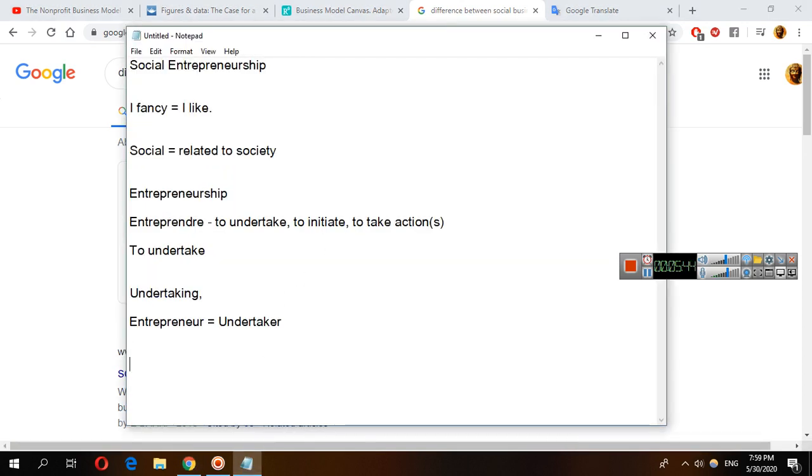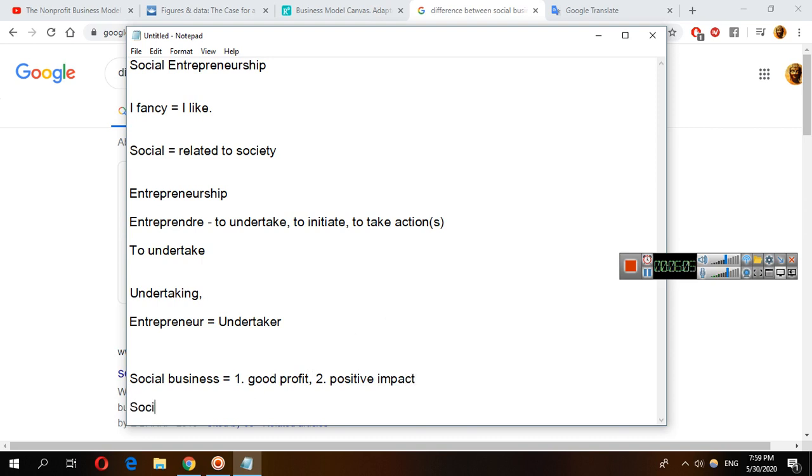So one could say social business is first of all good, or in general, profit. Well, I could say good profit in general, and then positive impact.